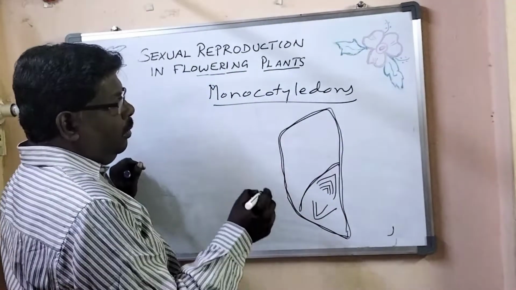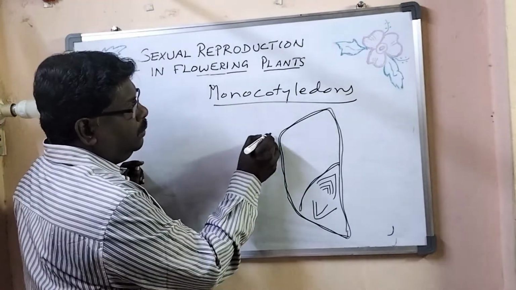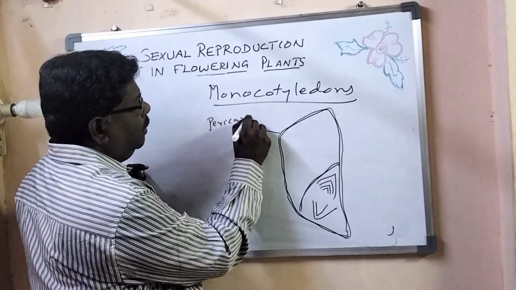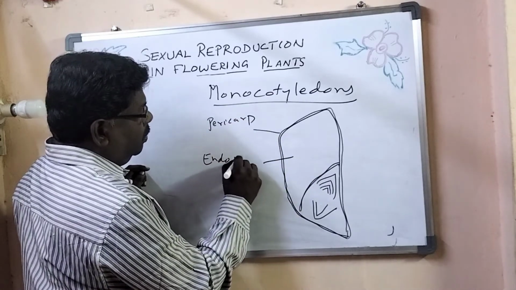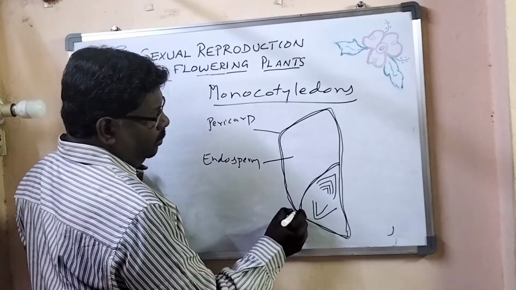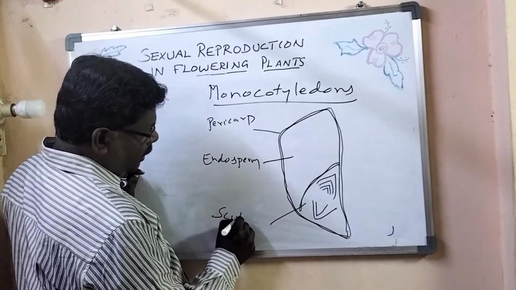So this is the seed of a monocotyledon. This is called the pericarp, the outer covering. This is the endosperm, the nutritive tissue. And this is the cotyledon, called scutellum. Here the cotyledon is called scutellum.